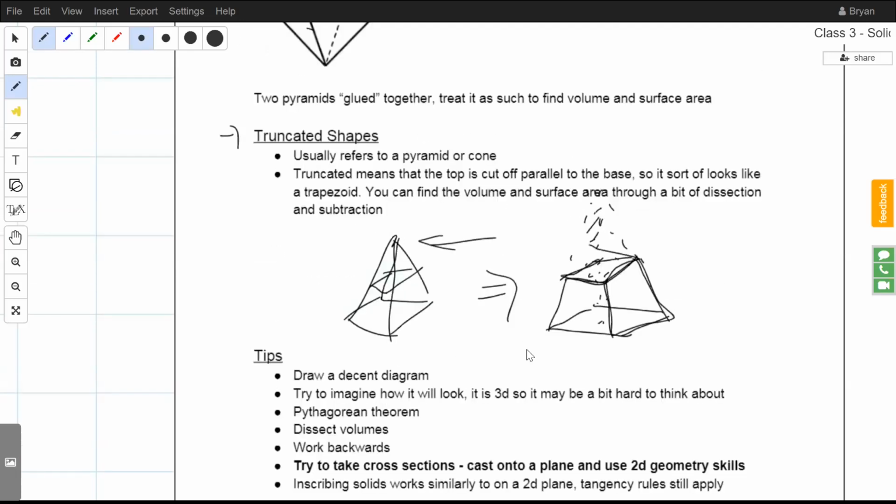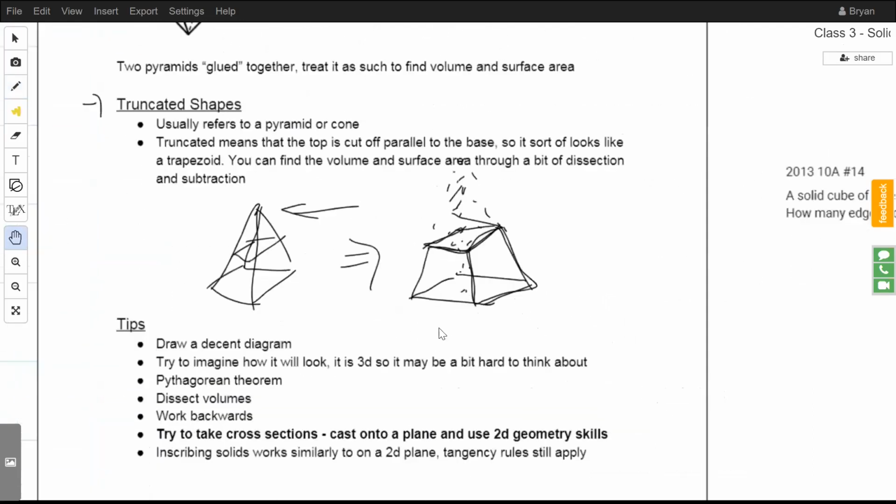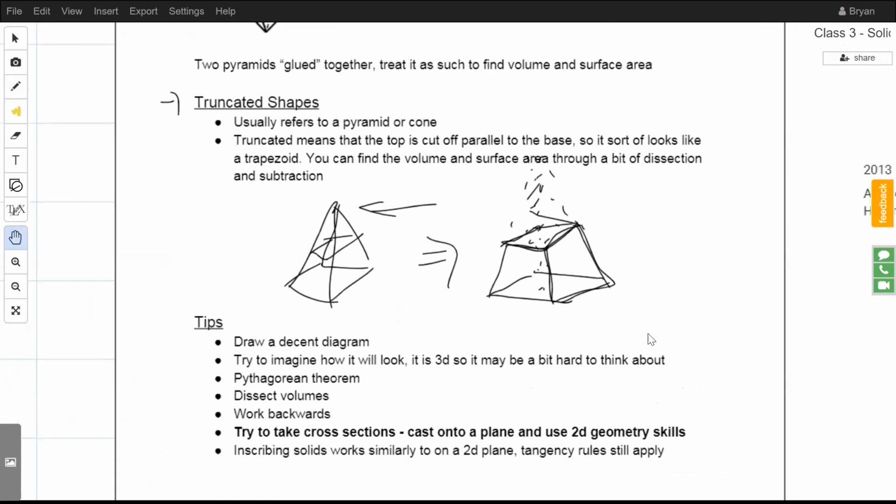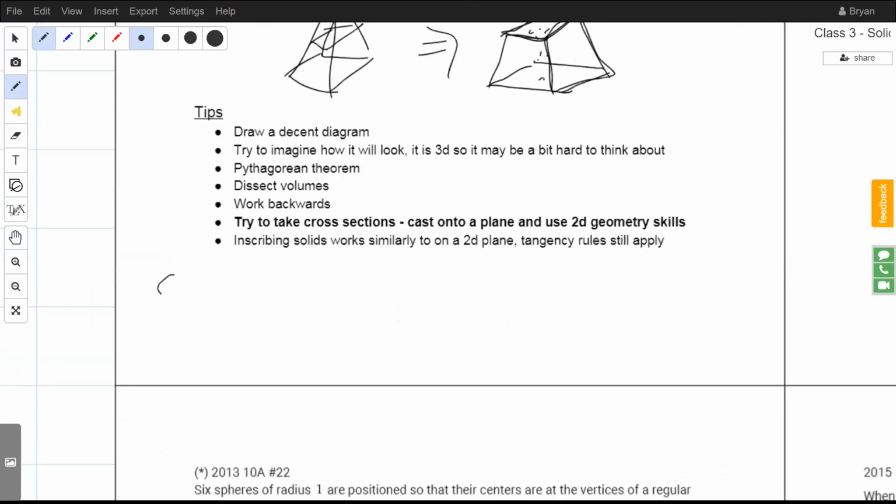And here I think is also a great time to mention how ratios of volumes of similar solids work. So you maybe think that similarity only applies to 2 dimensions, but it actually applies to 3-dimensional shapes as well. So I'll put this here. Similarity. It's the same concept: they're the same shape but on different scales, like a cube with side length 1 and a cube with side length 2.